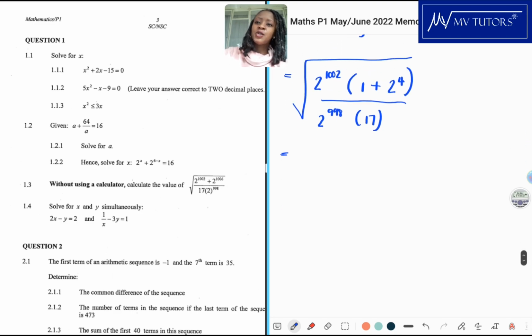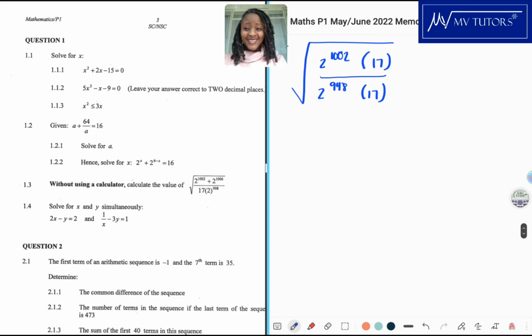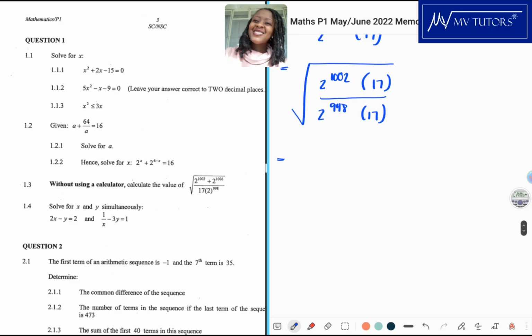So on my numerator, I have 2 to the power 1002 and I have 17. And at the bottom, I have 2 to the power 998, and I have 17 as well. So things are looking good. Cancellations can be done, so we can cancel out the 17.